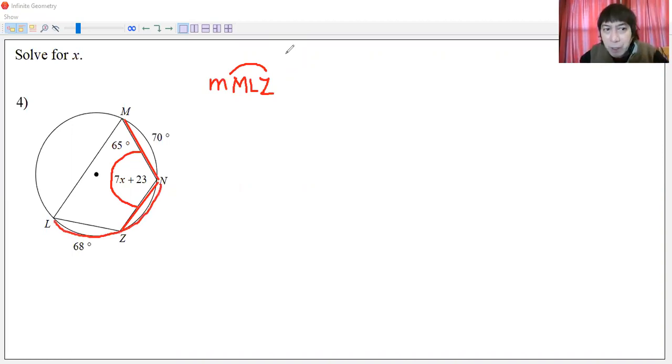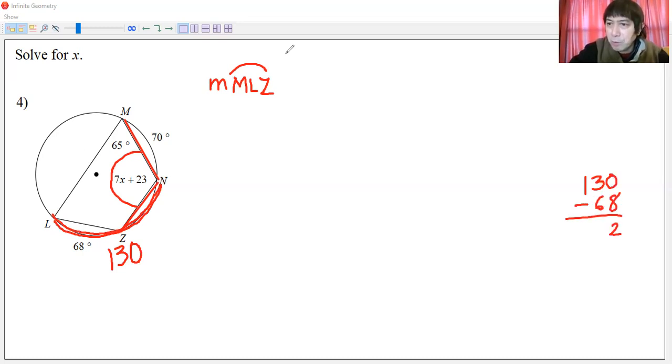And that is 2 times 65, and that will be 130. This arc that I made is 130. So if that arc is 130, we will subtract the 68. So if we have 130, we subtract the 68, we're going to have how much? 62. So the measure of arc NZ is 62 here.